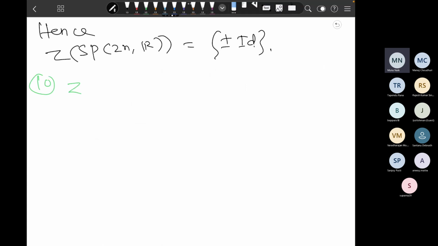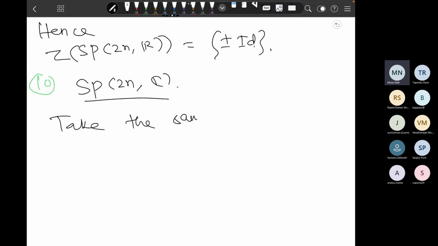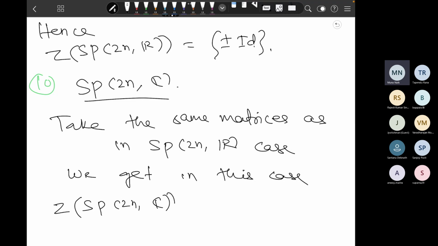So for Sp(2n,C), take the same matrices as in the Sp(2n,R) case, and thus we get in this case that Z of Sp(2n,C) is the same thing, plus minus identity.